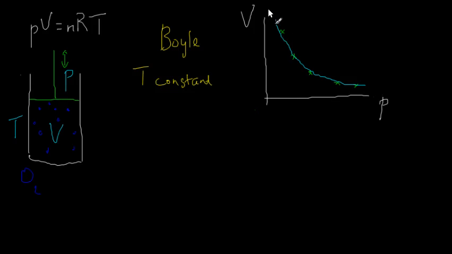So this graph might look unusual if you see it for the first time, but it makes sense. The next thing Boyle did was he found that this relation follows a rather precise formula.